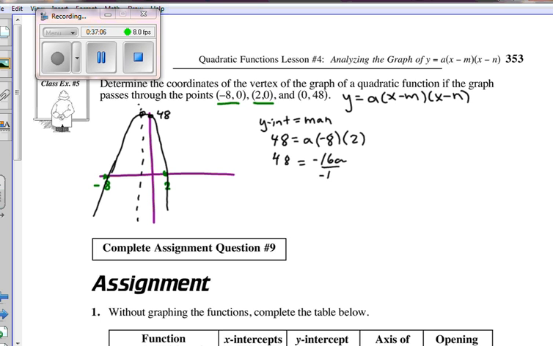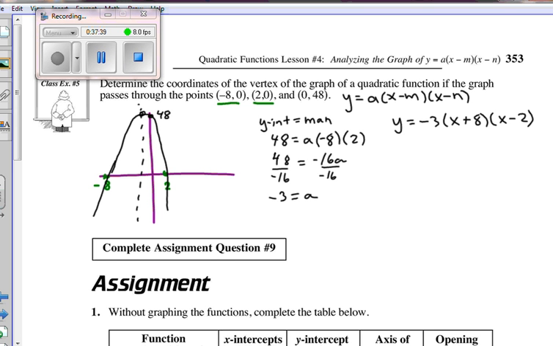Divide by -16. -3. Which is good. We expect a negative a value because it's opening down. So what's our equation? a equals -3, x plus 8, x minus 2. Okay, so now, no, we're not done, because we still have to plug it into this equation. We still have to make the equation.